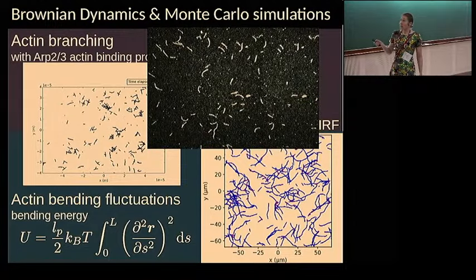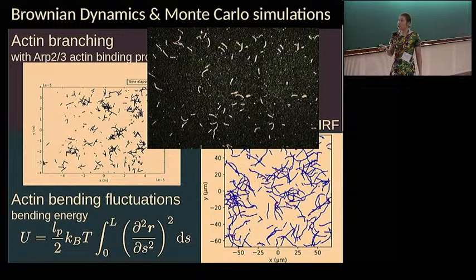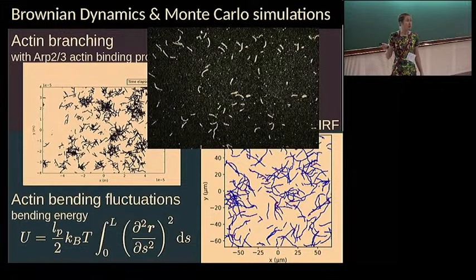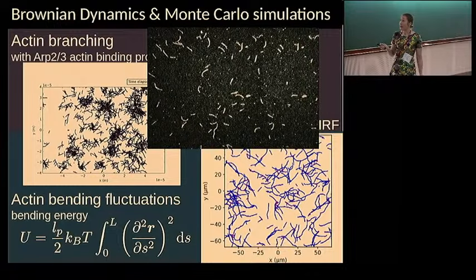But if you let it run longer, both with the experiment and also with this simulation, then you get much more complex networks forming. And in particular, we can add ARP23 into the system, which is the branching protein, and then get branched filaments.